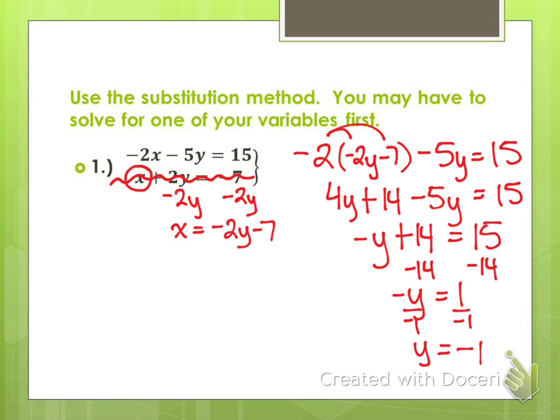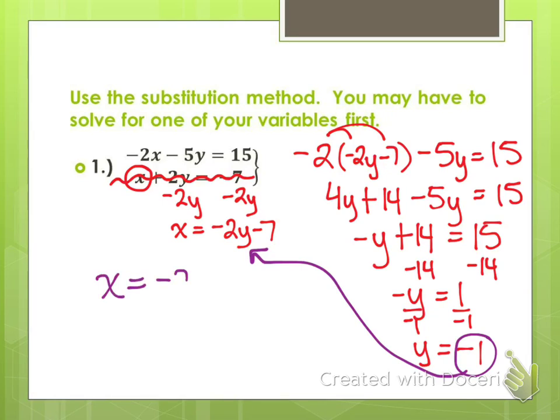So like yesterday, we take that number that we got and plug it back in to help us find the other variable. So again, I would do it to the equation where x is alone. Technically, you can use any of the 3 equations, one of the first 2 or the one where x is alone. But I'm going to recommend you use it where the variable's already alone.